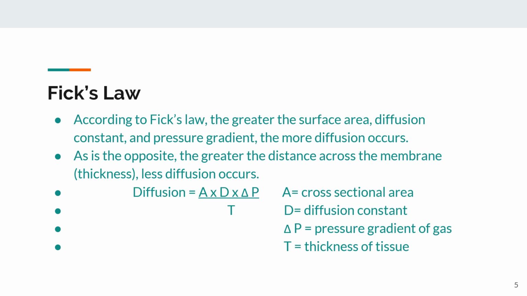So we're going to see a decreased pressure gradient at a higher elevation or a higher altitude because we have less barometric pressure. So there's less of a gradient. So the greater the gradient, the greater the flow, basically. Okay. Or hypoventilation. You're not taking as deep of a breath, so you're not having as much of a pressure gradient.